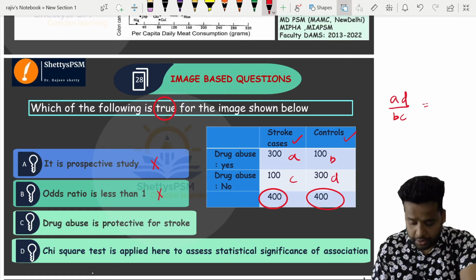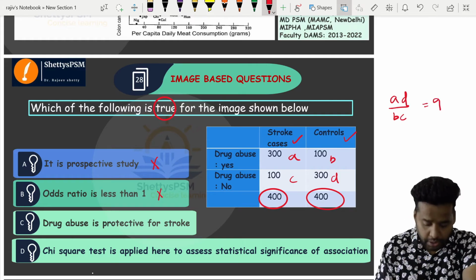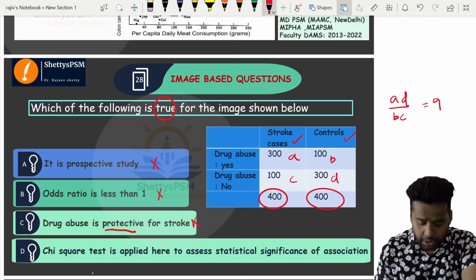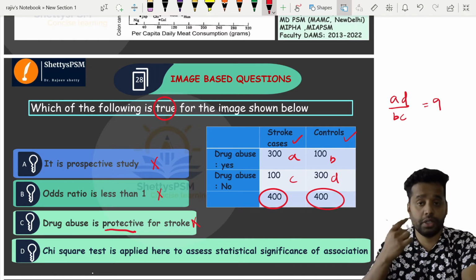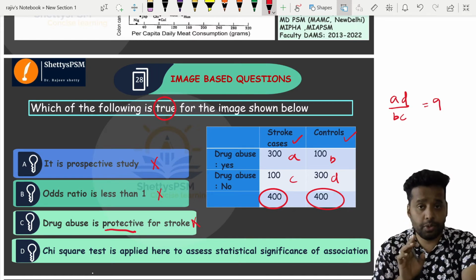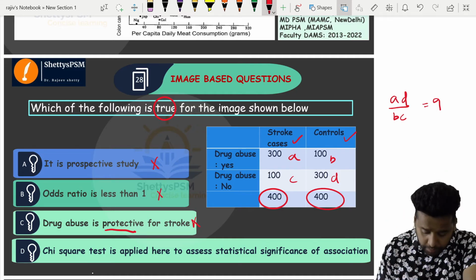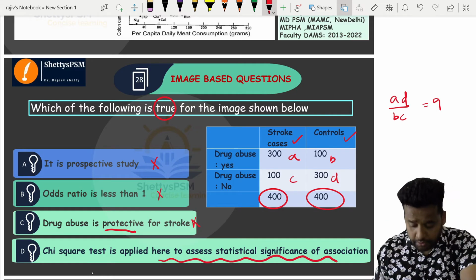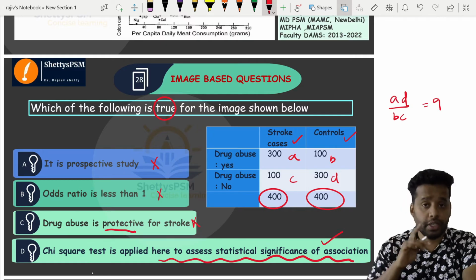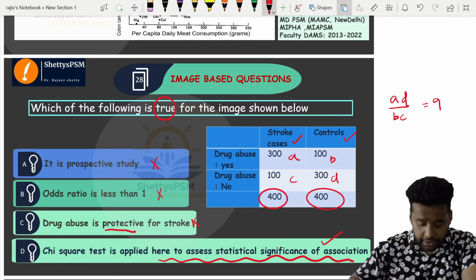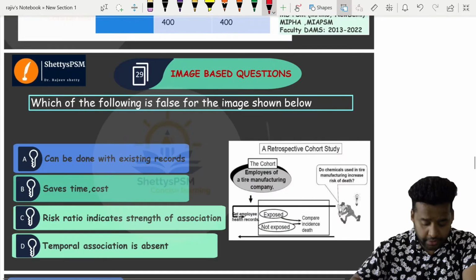When you take it, it is 9, it is more than 1, so it is not protective. Drug abuse: if odds ratio is more than 1, the exposure is a risk factor, not a protective factor. In order to check the significance of association, we are using chi-square test. Chi-square test can indicate significance of association.